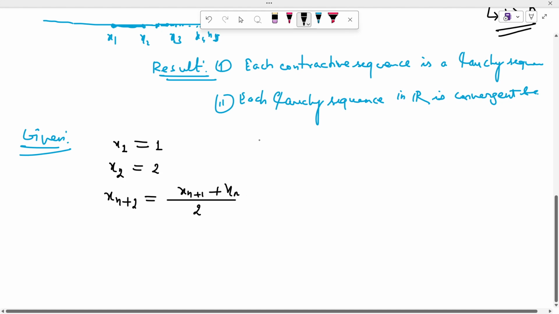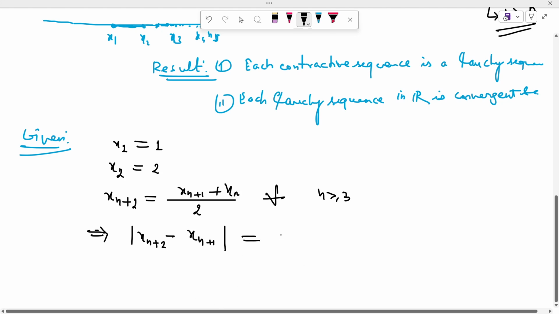So with the help of this, one can write that x(n+2) minus x(n+1), for all n greater than or equal to 3.